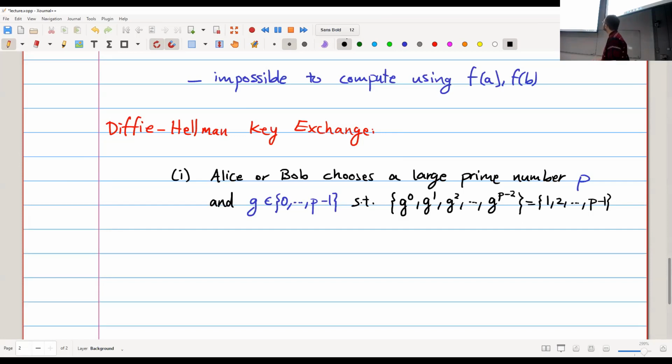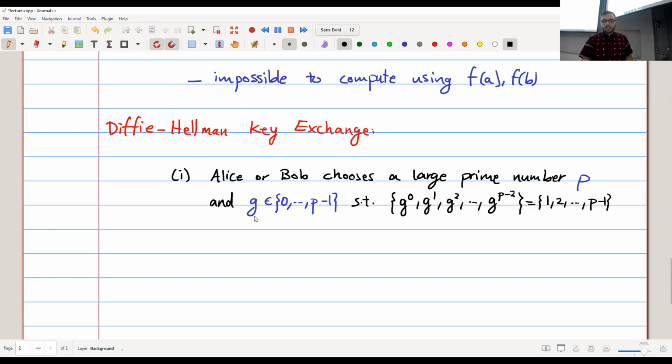Basically, I want to have a number g so that if I start with 1 and I just keep multiplying by g, I will get all the possible remainders modulo p. The reason I call it g is because it's a generator, in a sense, like if you've seen group theory, it's generating all the remainders modulo p.